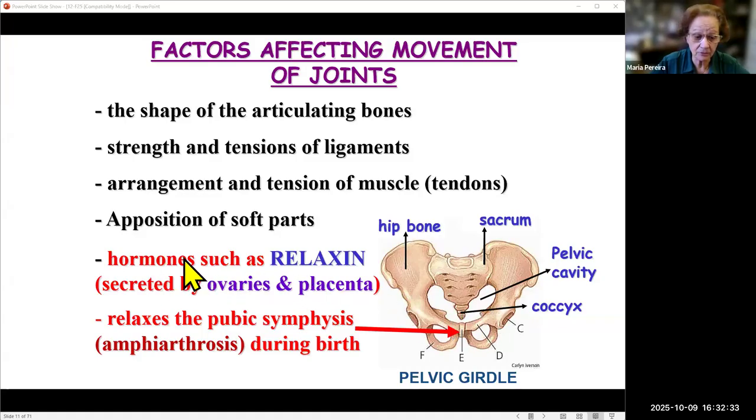And the hormone relaxin, produced by the ovaries and placenta, allows the pubic symphysis to move a little bit to increase the diameter of the pelvic cavity. So this occurs during childbirth.